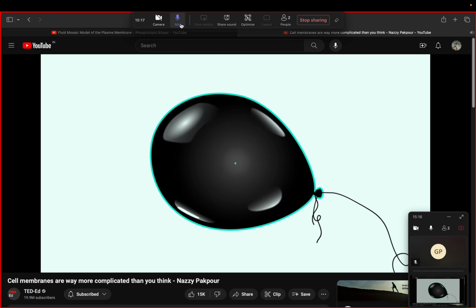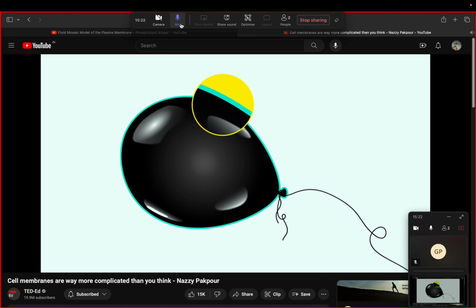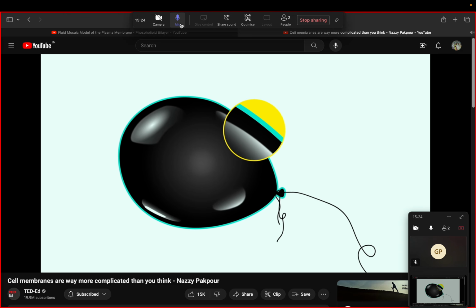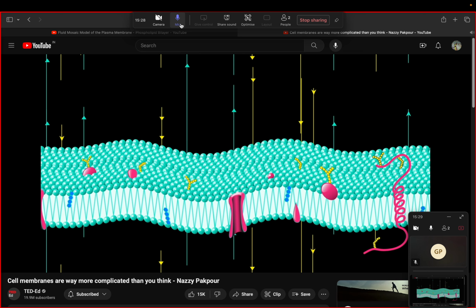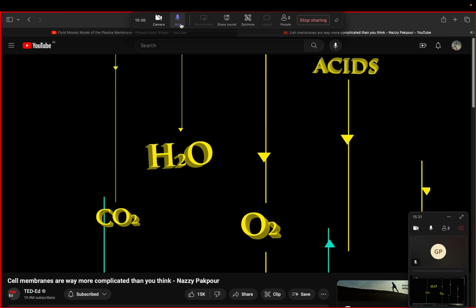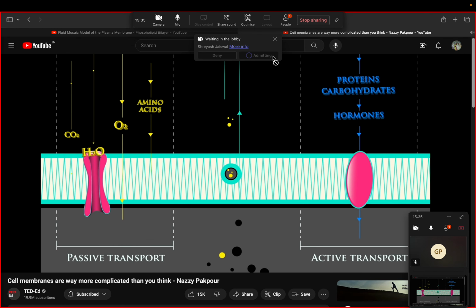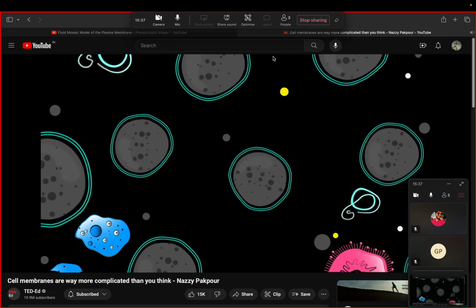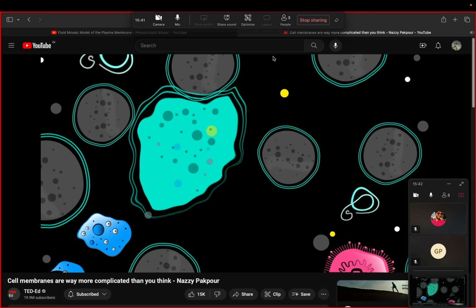First of all, it's tempting to think of a cell membrane like the tight skin of a balloon, but it's actually something much more complex. In reality, it's constantly in flux, shifting components back and forth to help the cell take in food, remove waste, let specific molecules in and out, communicate with other cells, gather information about the environment, and repair itself.